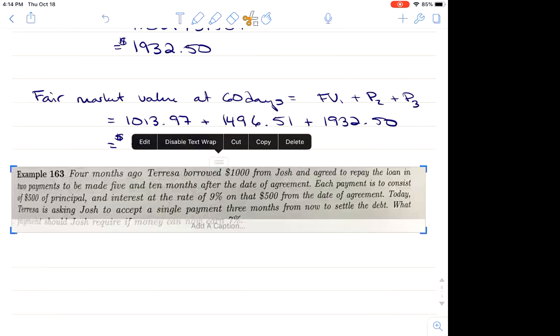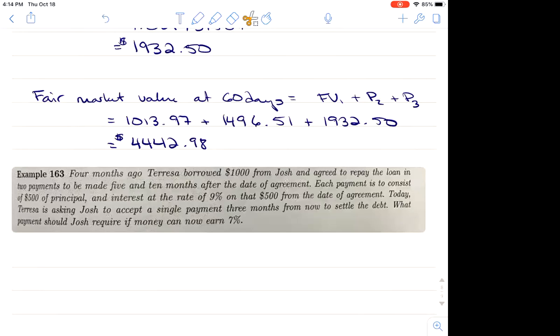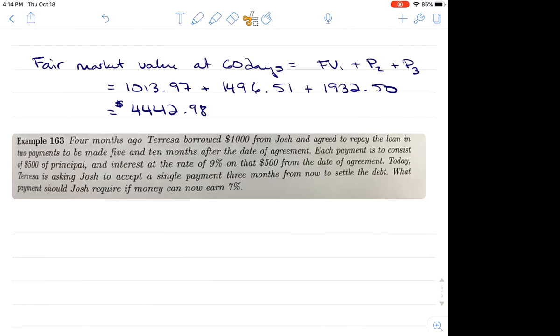Holy word problem, Batman. Whoo. Okay. Here we go. So let's read this sucker.